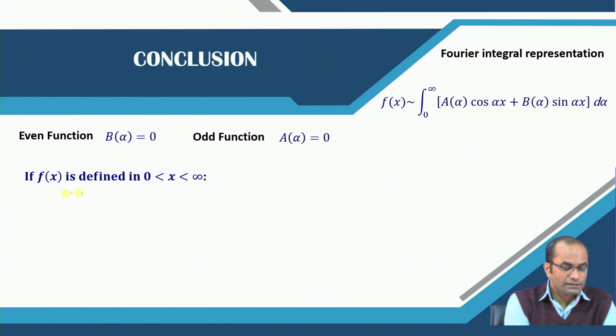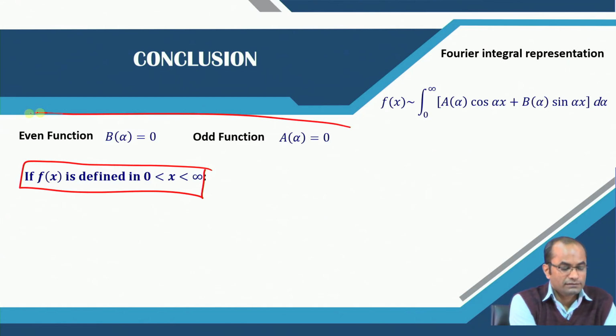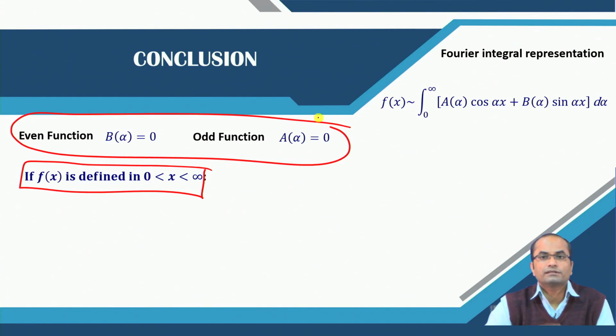What was interesting here is that if f is defined only in 0 to infinity, in the earlier case the function was defined in minus infinity to plus infinity, and if it is given that it is an odd function, or we notice that it is an even function, then the calculations can be simplified to have representations which carry only a cosine term or only a sine term.